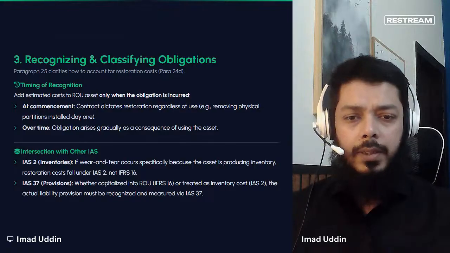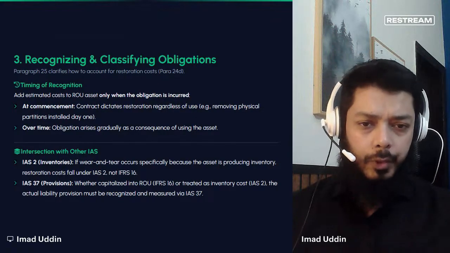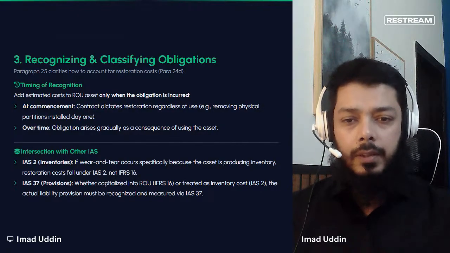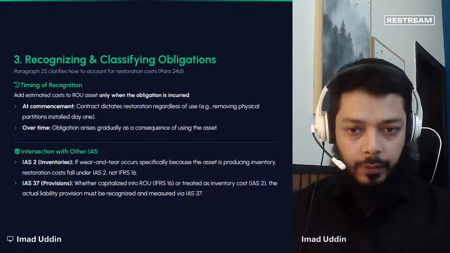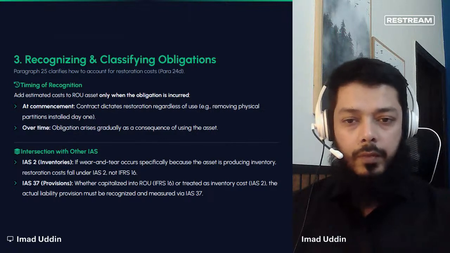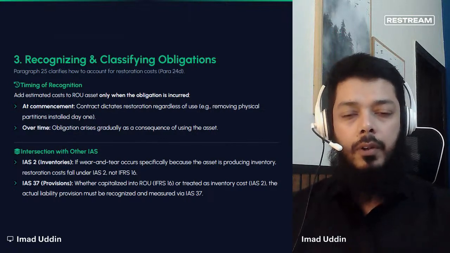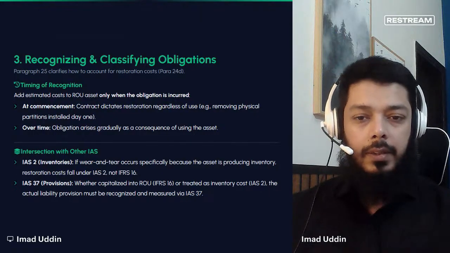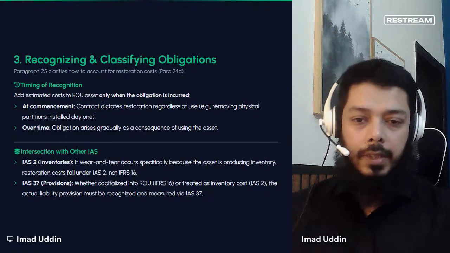And so the contract dictates restoration regardless of use. For example, if removing physical partitions installed on day one is part of the obligation, then at commencement we would have incurred that entire obligation.